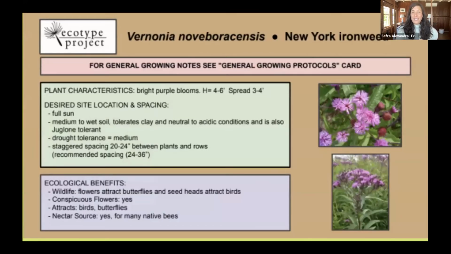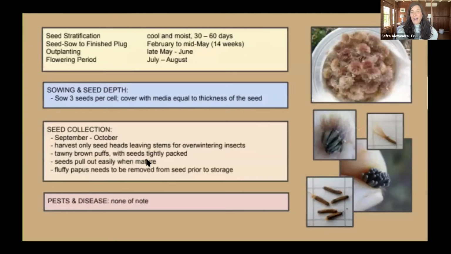And to do that and to get more farmers on board, because we've had to narrow to the farmers, all of the land trusts and pollinators, everyone wants to participate, but we're really focusing on who can really amplify these seeds right now. We created these getting started protocol cards that tell you the plant characteristics, their ecological benefits, how to stratify their seed, what the seed looks like.